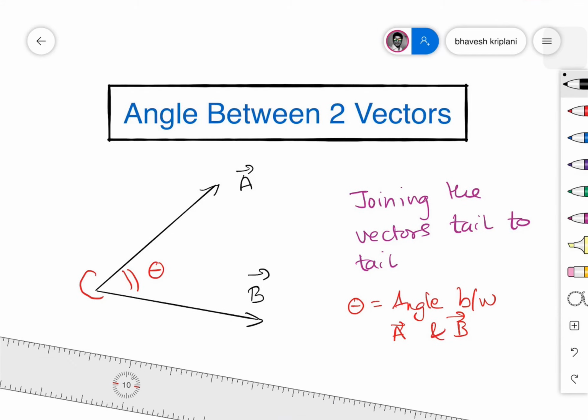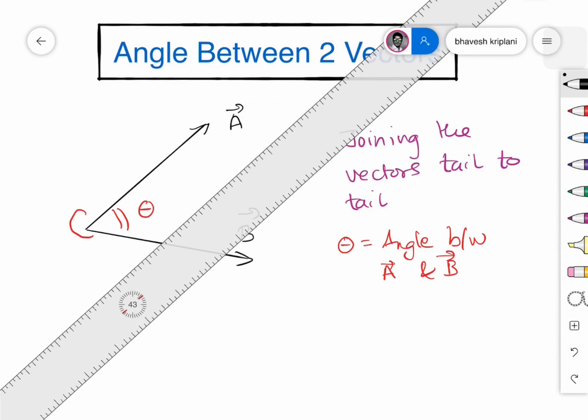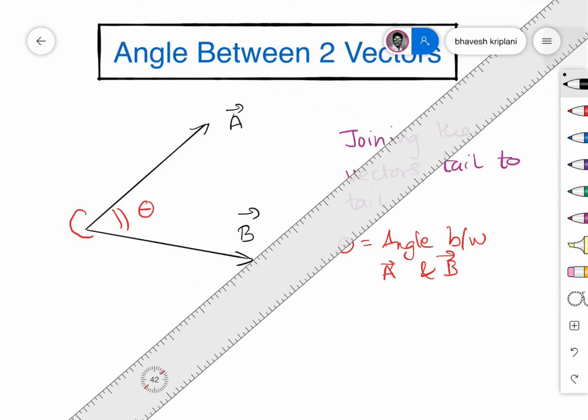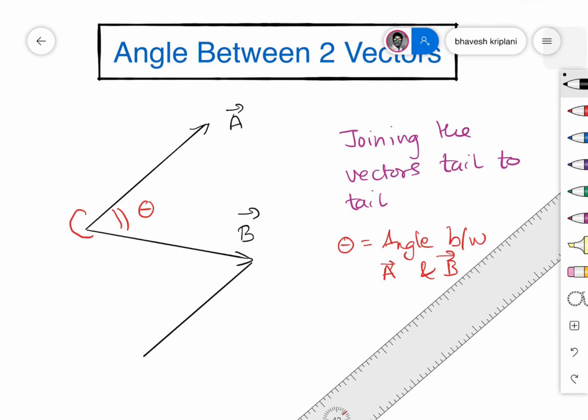Alternatively, we could find the angle between two vectors by another method. This time we join them head to head. So let's draw our vector A again, but this time the head of the vector A will be joining the head of the vector B. Now as you can see, this is vector A, this is also vector A. So both lines are parallel to each other.